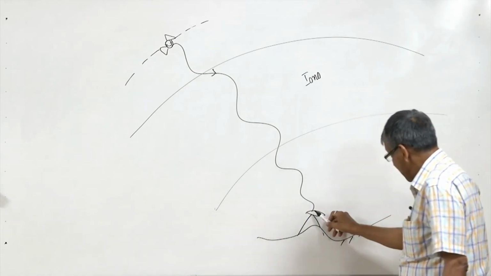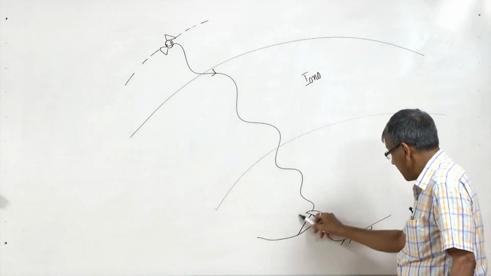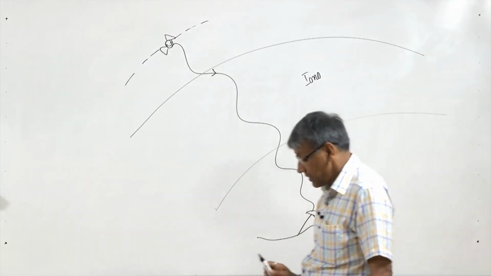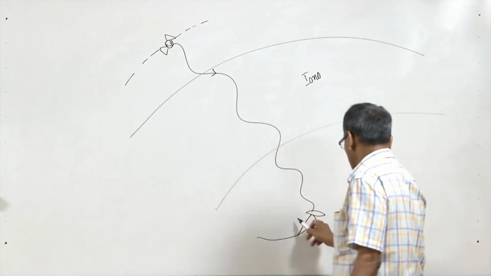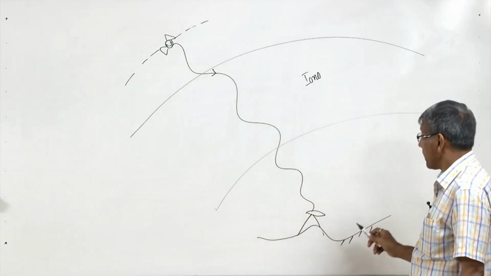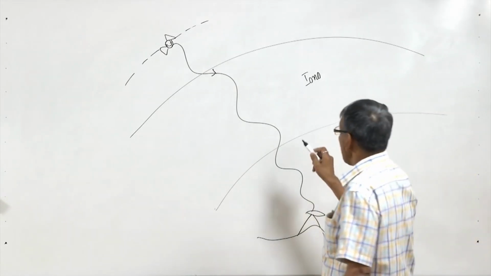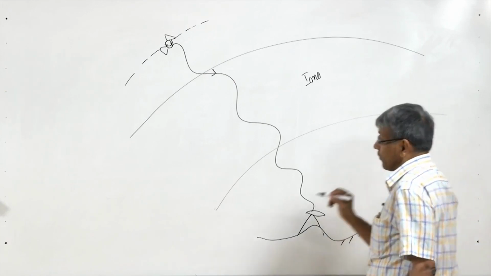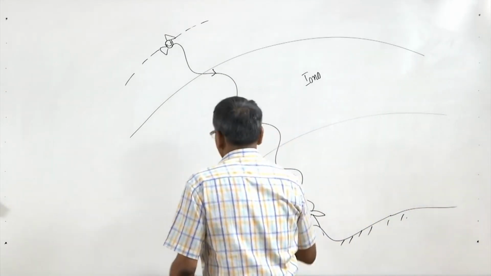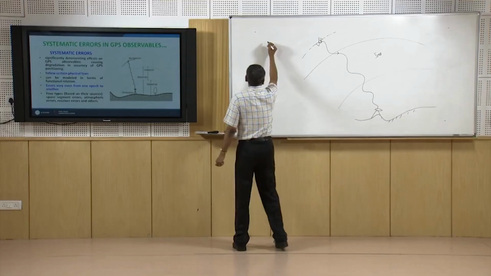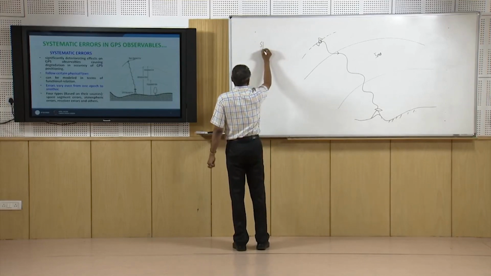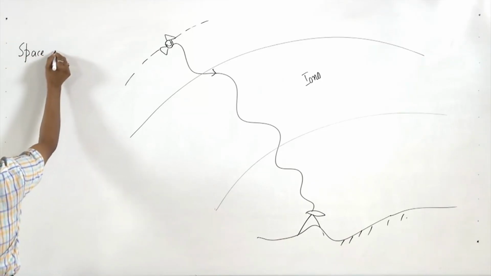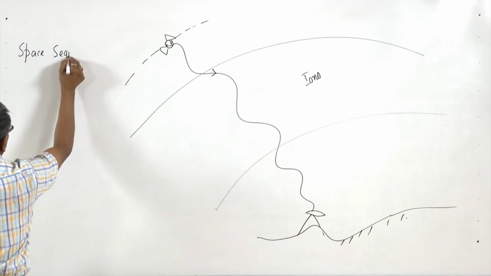Apart from that, when it is coming to the receiver, there will be some errors around this receiver. And apart from that there may be some other errors. So we can discuss the space segment errors.